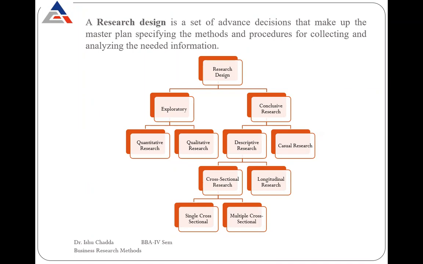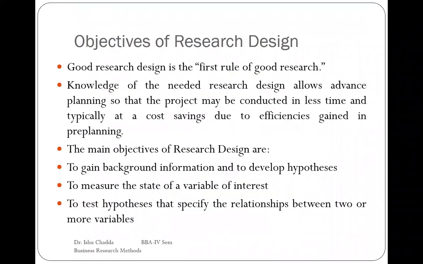Further, exploratory research is divided into quantitative as well as qualitative research, and conclusive research is divided into descriptive research and causal research. Next, descriptive research is further divided into cross-sectional and longitudinal research, and cross-sectional is further divided into single cross-sectional and multiple cross-sectional. So we're going to study these research designs in detail in the next subsequent slides.